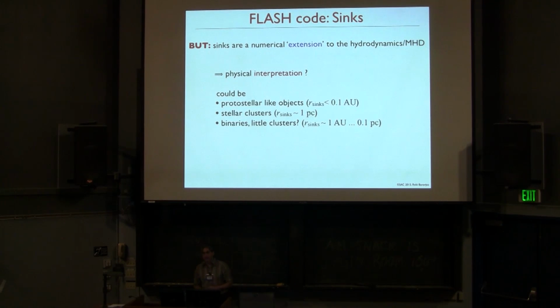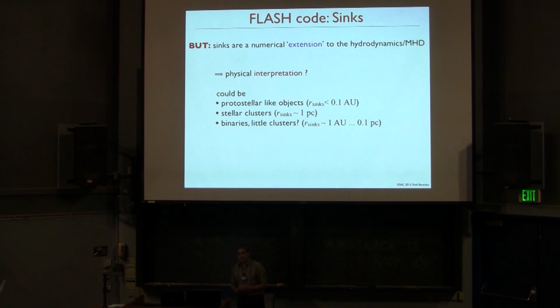So we are kind of violating these high-density regions, and the question is how to interpret these regions, how to interpret actually the sink particles once we have formed them in our simulations.